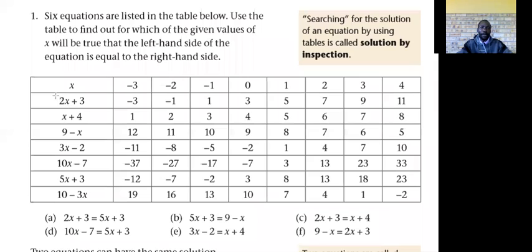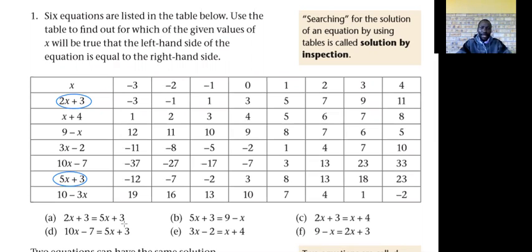Right. So notice that this is what we have on the left-hand side. Then this is what we have on the right-hand side of the first equation. I'm talking about Equation A: 2x plus 3 and 5x plus 3.